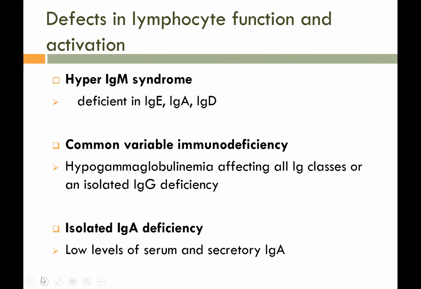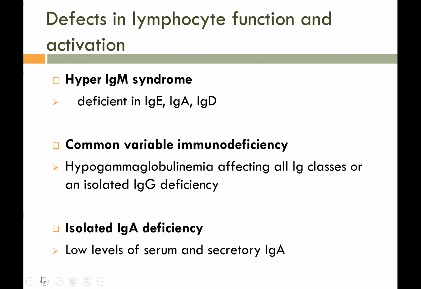Mature B cells are expected to be present, and they are incapable of immunoglobulin class switching and affinity maturation. I think I have a typographical error here. Again, I would like to repeat that the affected patients have IgM antibodies, but they are deficient in IgG, IgA, and IgE. So it should be IgG.